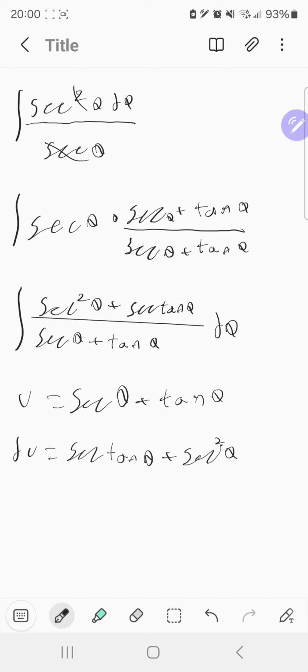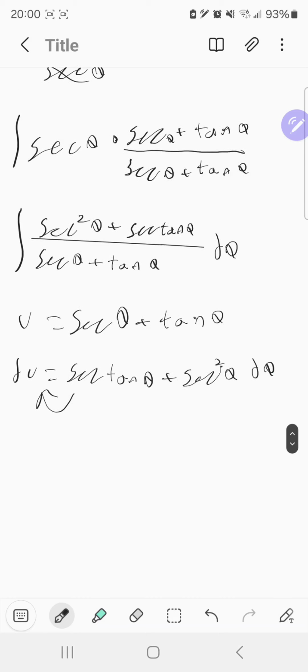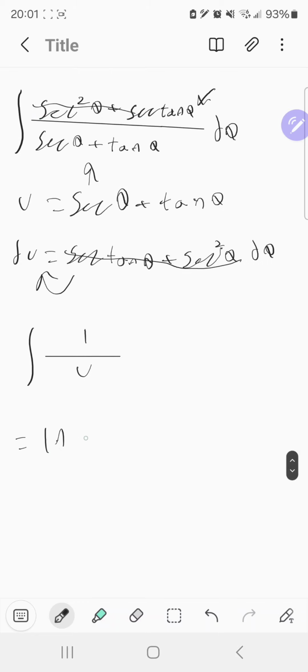Now when we bring the du over to the other side, it cancels out with the term on the top, so we just get 1 over u. This is equal to ln absolute value of u, which is equal to ln absolute value of secant theta plus tangent theta.